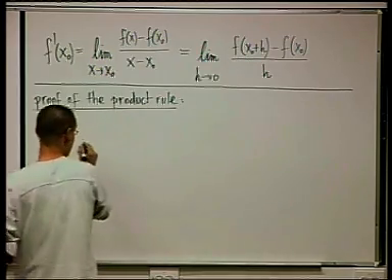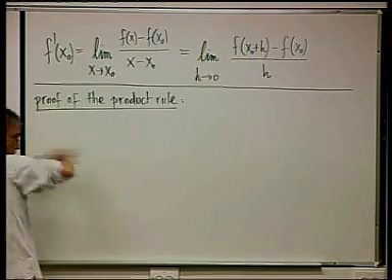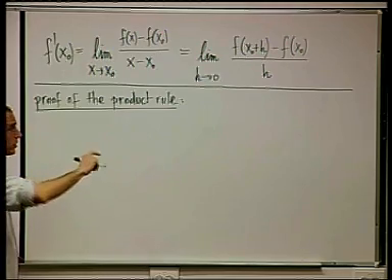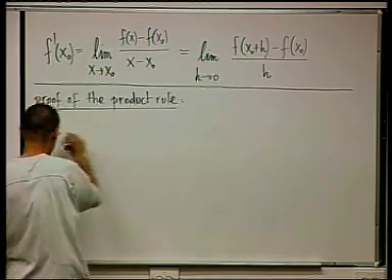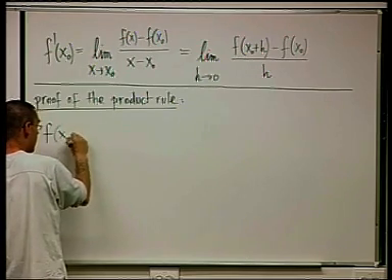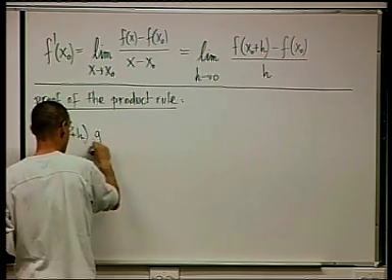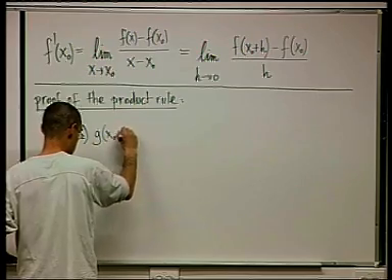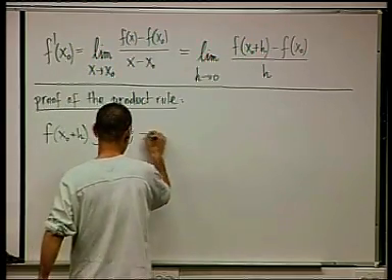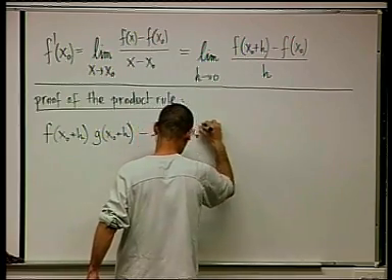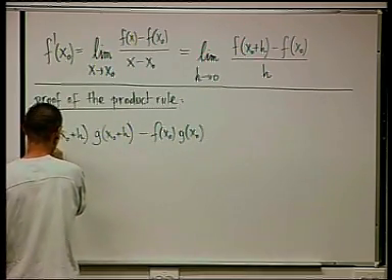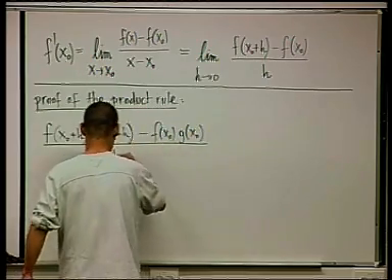So I want to calculate the limit, and I'll do the limit as h goes to 0. So I want f times g at that point, so f at x0 plus h times g at x0 plus h minus f at x0 times g at x0. All of this divided by h.